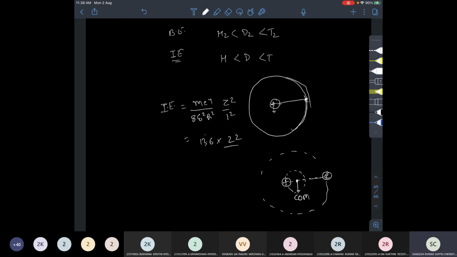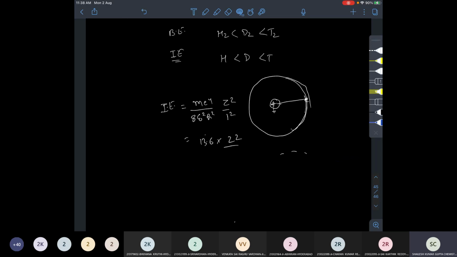So effectively, this is the radius, not from the nucleus, for the electronic movement. Obviously, of this R1 and R2, R1, the electronic movement radius, will be much larger than that. But of course, it does have an effect.